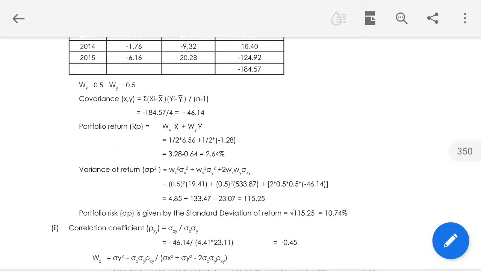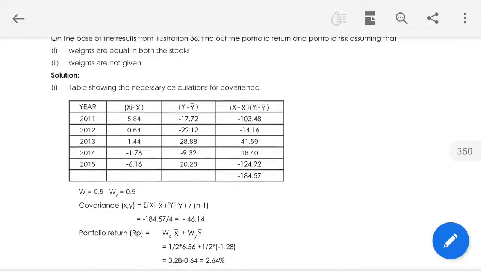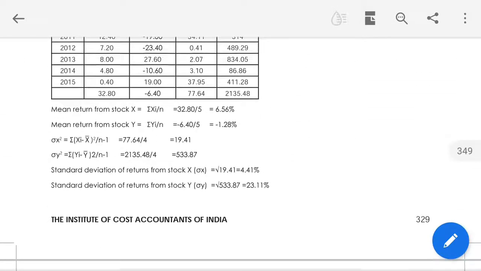Sigma xy, what we have calculated as covariance, that is minus 46.14. The remaining values we can get from earlier calculations and the previous question, that is the 36th question. Weight x square 0.5, sigma x square is, we can see here.